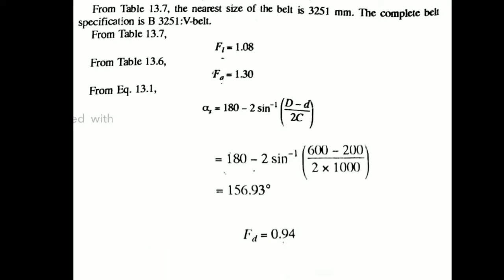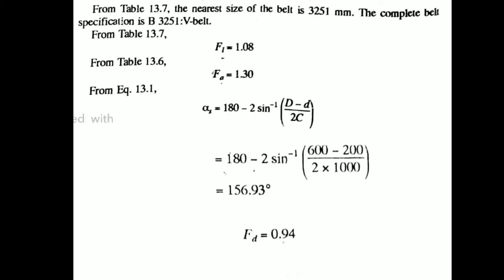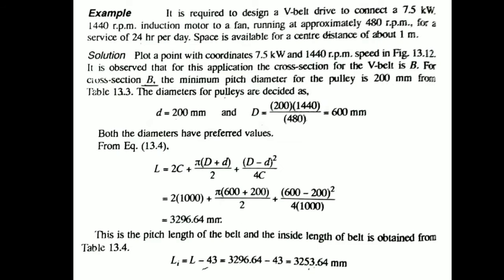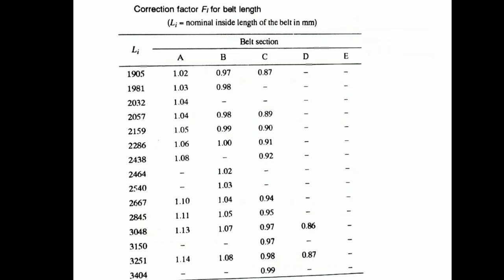Next, from this table we'll get the value for 3253 inside length, correct? So 3253 we'll have to check in the inside length table. So I select 3253. See, 3251 is there.